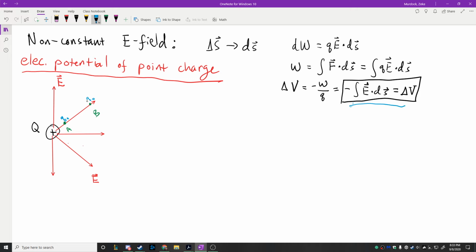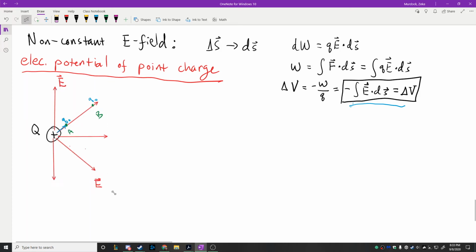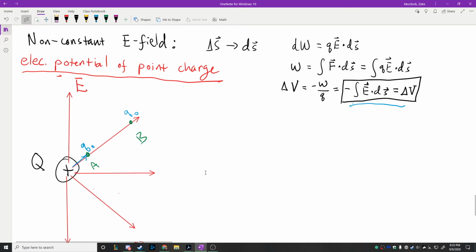Now, in order to do that, we're going to need to define some distances. Let's define the initial location of our object here.